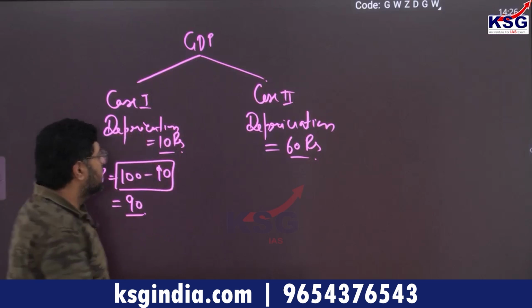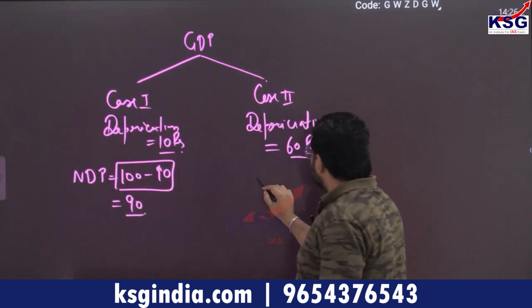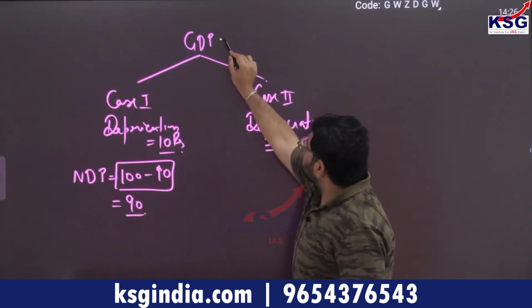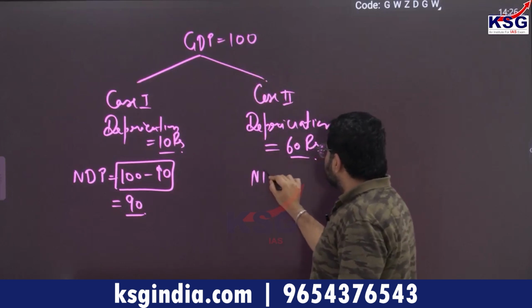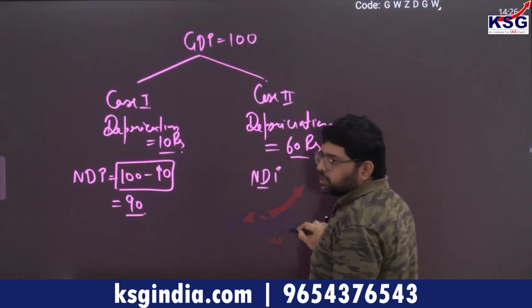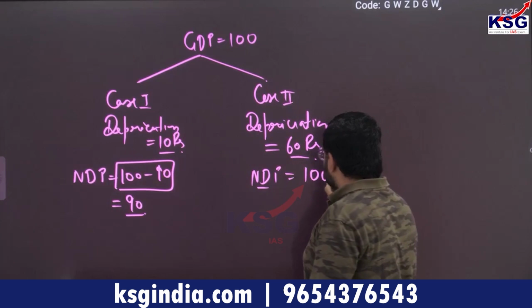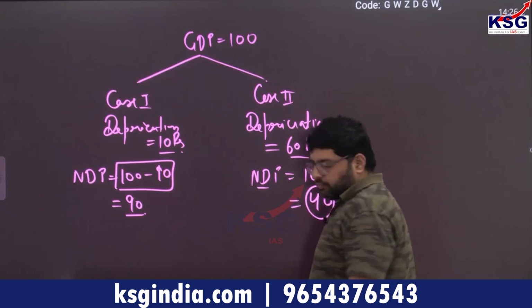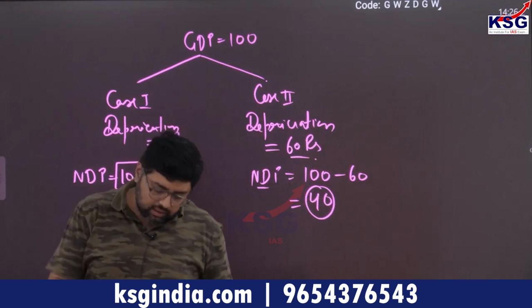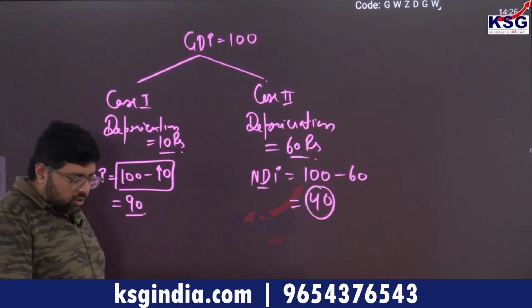So this is case 1. And in case 2, to get the same GDP of 100, you spend 60 rupees, so effectively your net domestic product is 100 minus 60, which means 40. That is 40. Clear? So this is what you have to understand.